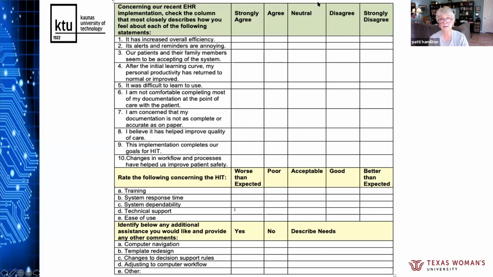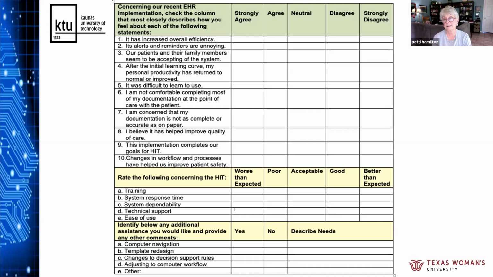Here's another way that is a little, I guess you could say, hard data, not anecdotal, but a survey. There are many of these that are ways that users can give you feedback on the quality of whatever. This happens to be an electronic health record, either a change in one or a brand new one.